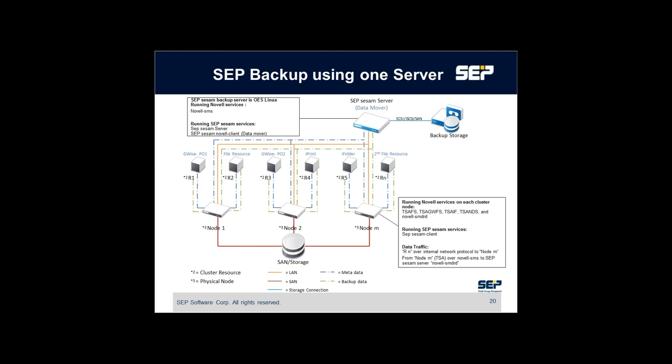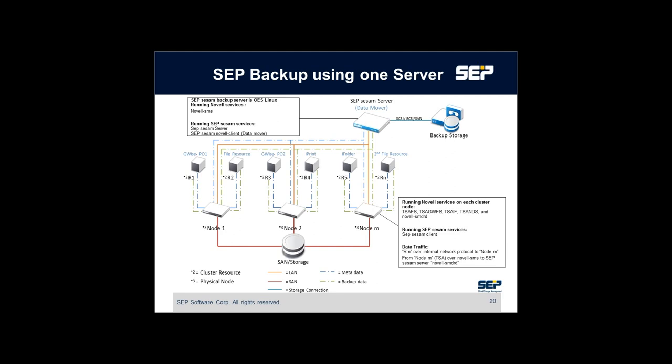And here's a little more detailed diagram of the cluster that we just saw. You can see at the top right-hand corner, there's just one main SEP data mover. That's the backup server itself, and it's also acting as the data mover. So that means it's going to be installed on NetWare 6.5, OES 2, or OES 11.